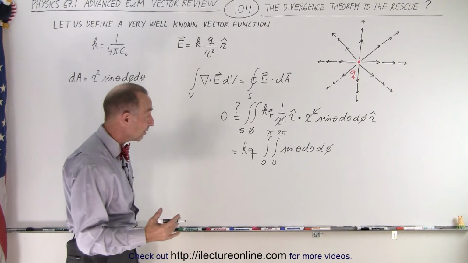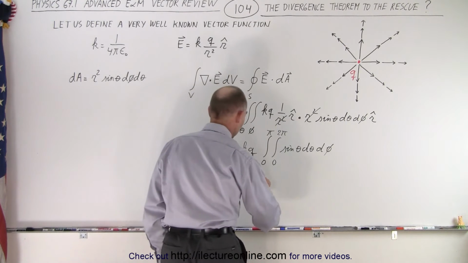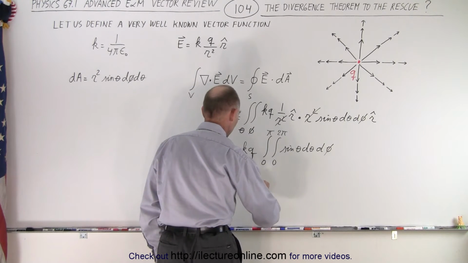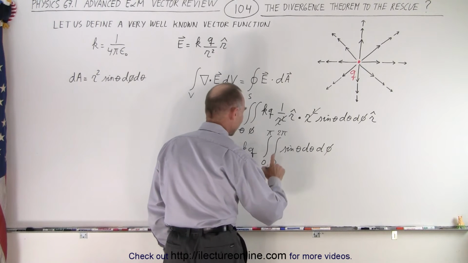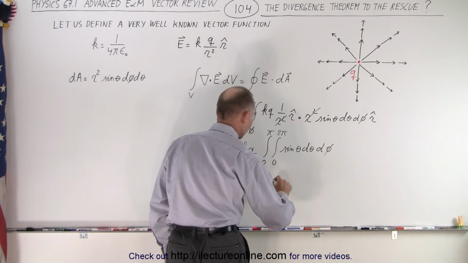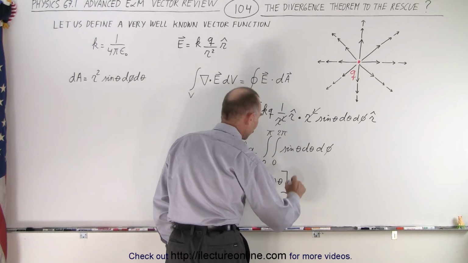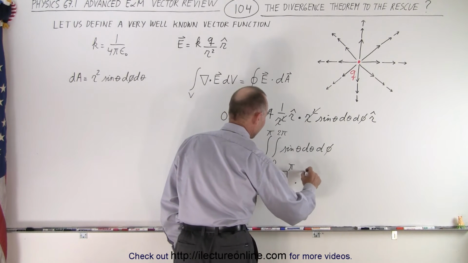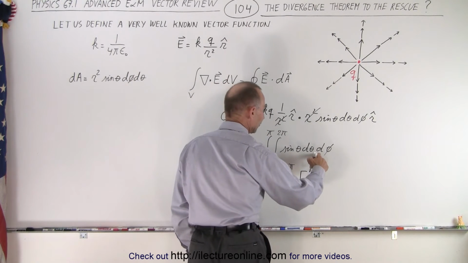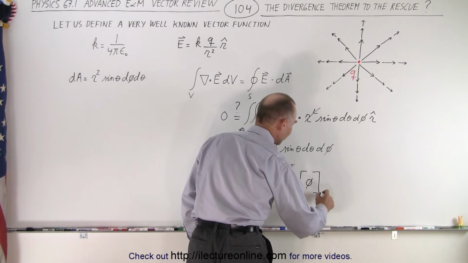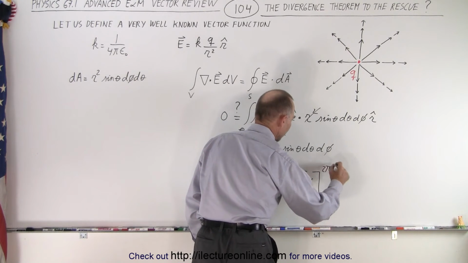Now the integral of the sine of theta is the negative cosine of theta, so this will be equal to k times q times the negative cosine of theta evaluated from 0 to pi, times the integral of d phi, which is phi, evaluated from 0 to 2 pi.